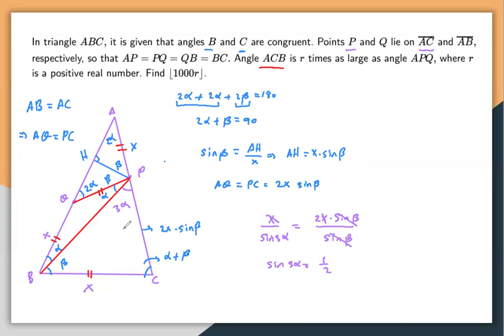But in our case, 3 alpha is one of the angles in a triangle, so it's going to be less than 180 degrees.